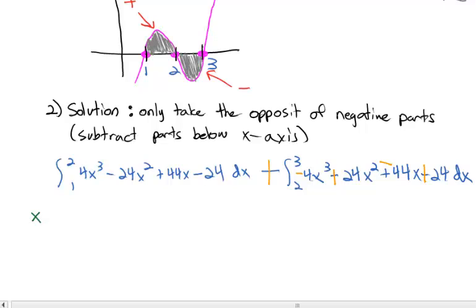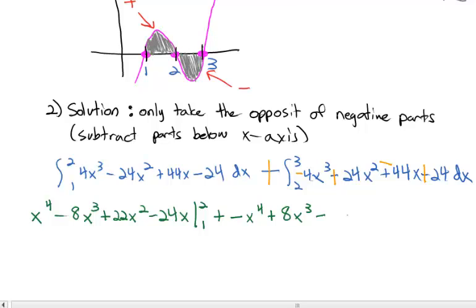And then we take the integral, and that's going to be x to the 4th divided by 4 is 1, minus x cubed, 24 divided by 3 is 8, plus x squared, 44 divided by 2 is 22, minus 24x integrated from 1 to 2, plus now we've got x to the 4th divided by 4 is negative 1, plus x cubed divided by 3 is 8, minus x squared divided by 2 is 22, plus 24x, and this is going to be integrated from 2 to 3.